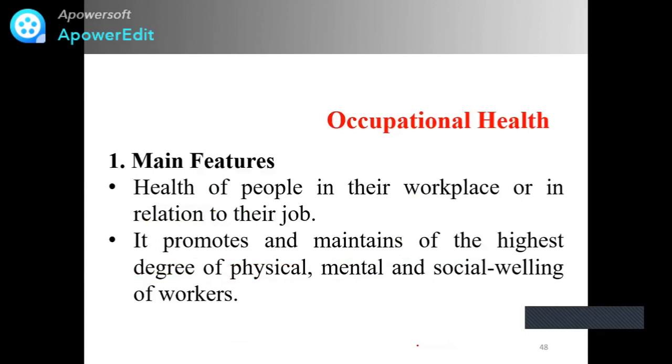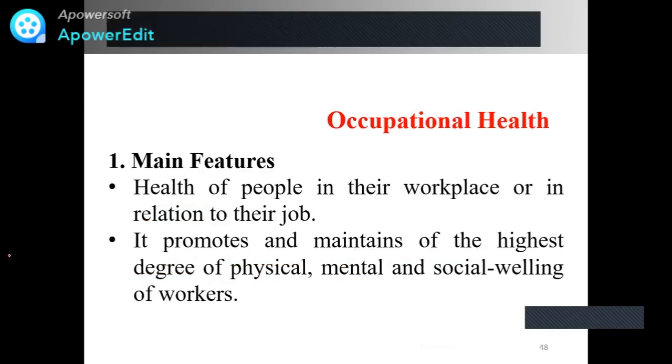The main feature is the health of people in their workplace or in relation to their job. When we talk about health in a general way, we are talking about the general human. Here we are focusing on the people who are in the workplace.